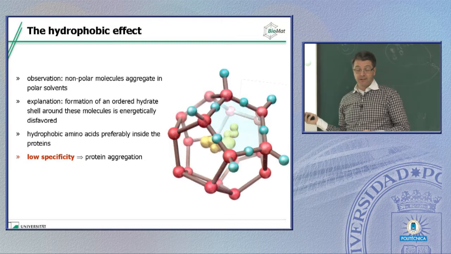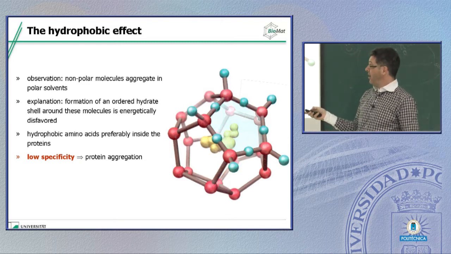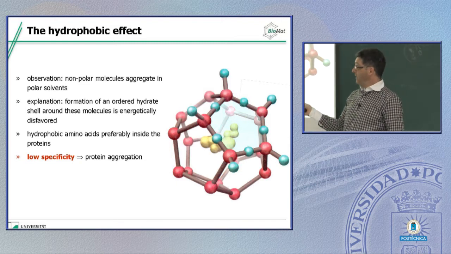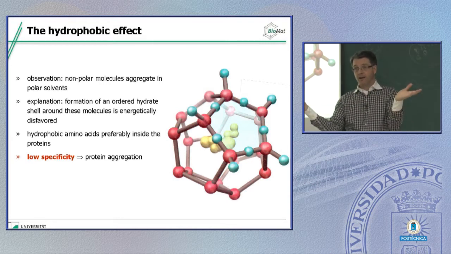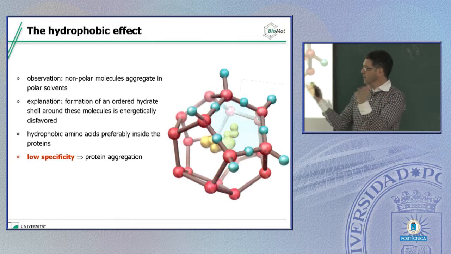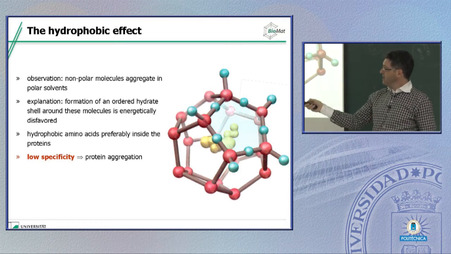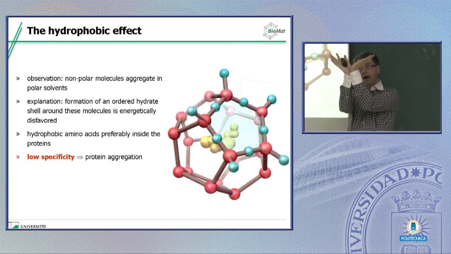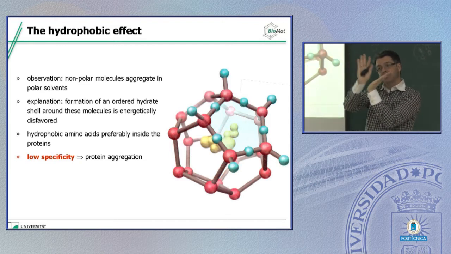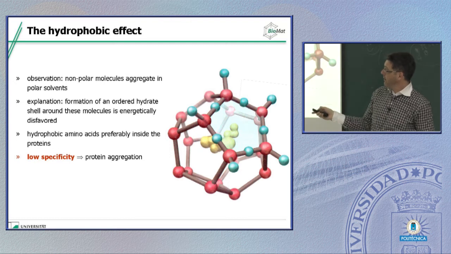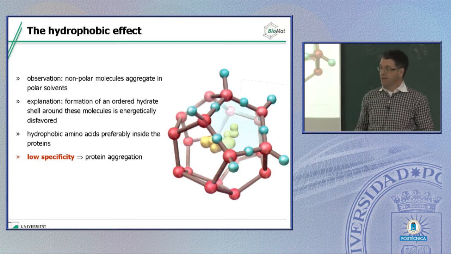I told you already the example of boiling an egg. You can see that if you just unfold the egg proteins, you get spontaneous protein aggregation. The reason is that the hydrophobic amino acids are now exposed, and now they can interact with other exposed hydrophobic amino acids, and this is what we call protein aggregation.